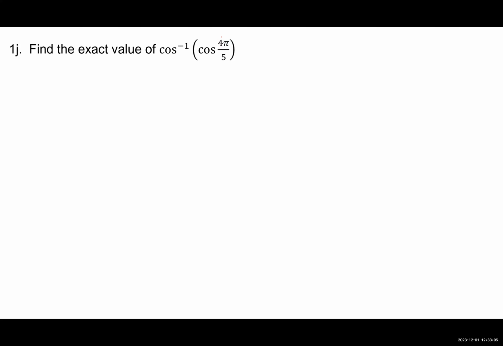But the cosine inverse function has a domain from 0 to pi. This angle, 4 pi over 5, is inside that interval. It's between 0 and pi. So there's no issues with the domain. So we could cancel, and we get 4 pi over 5.